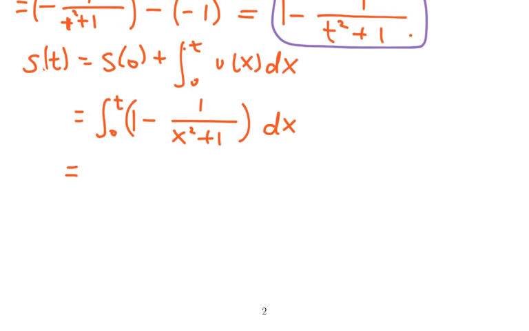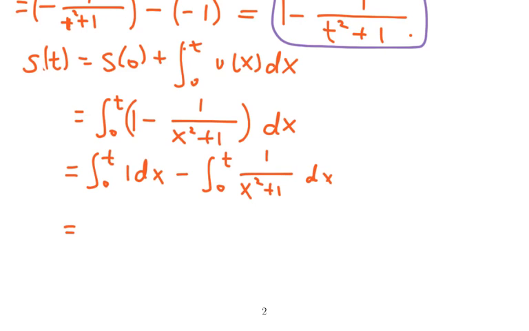By linearity of the integral, we can rewrite this as the integral from 0 to t of 1 dx minus the integral from 0 to t of 1 over x squared plus 1 dx. For the first part, it is x with limits t and 0.